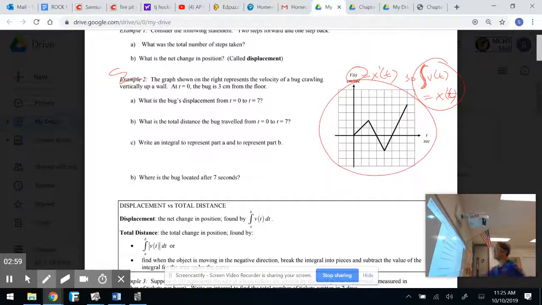Question A asks, what is the bug's displacement from 0 to 7? From 0 to 7, how much did we travel? It'd be the area under the curve, which gives me the position. If I look carefully from 0 to 3, that's a triangle. You could do half base times height.